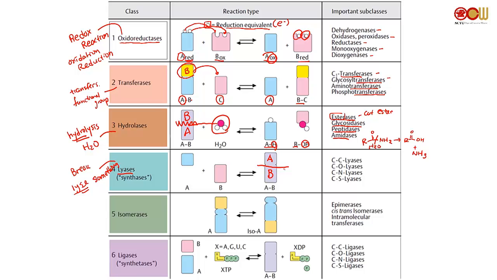You just separate A from B, and then you get A and B. That's a lyase. What do you see different? In hydrolase, the fact that A and B can separate is because you added water. You use water to break A and B. But here in lyase, you don't need to do that.